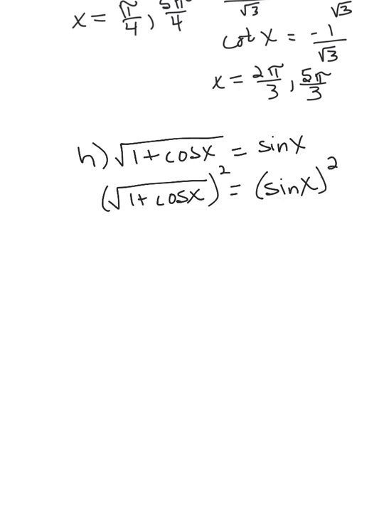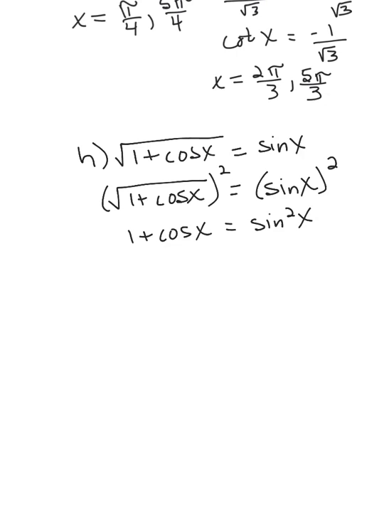When you square a square root, you get 1 plus cosine x. When you square just the sine, you get sine squared x. Now we got rid of our square root, which is great, but when I look, I've got two different trig functions. I need this to be the same trig function.